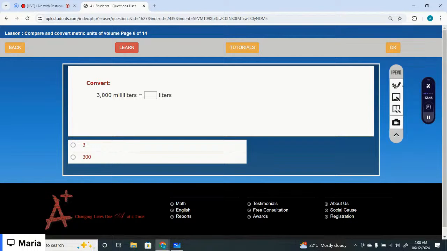That is 3 liters. Option number one is the correct option.